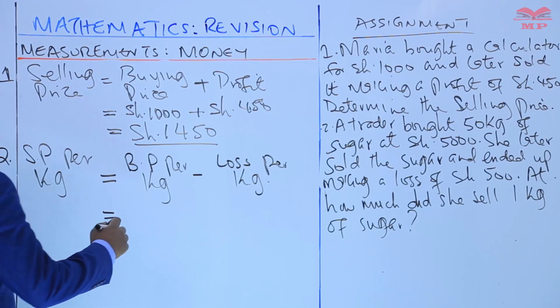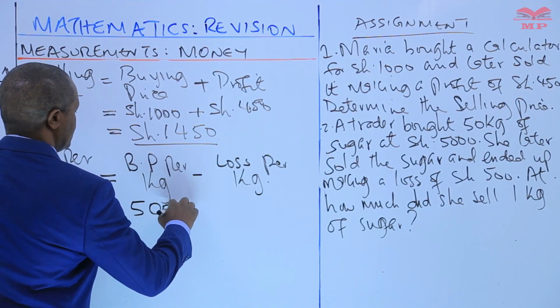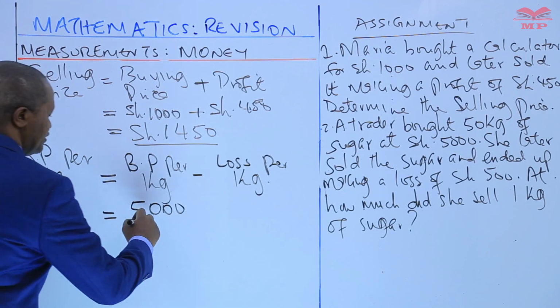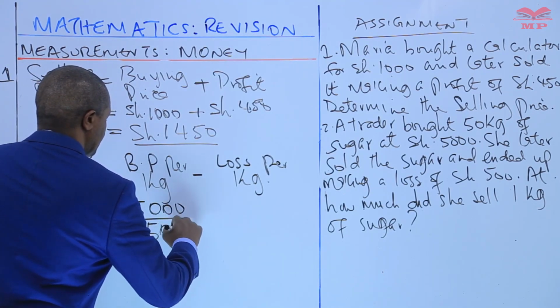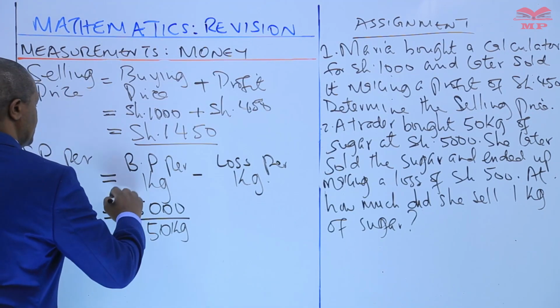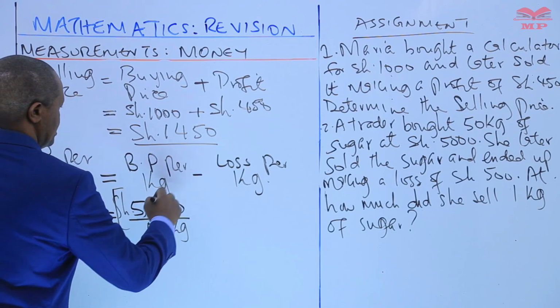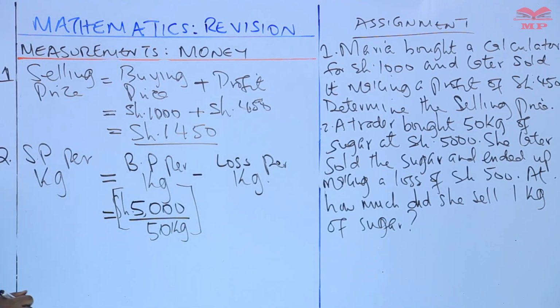So the total buying price is 5,000 shillings. That is the total. To get per kilogram, we divide by the number of kilograms, which are 50 kilograms. This is how to calculate buying price per kilogram.